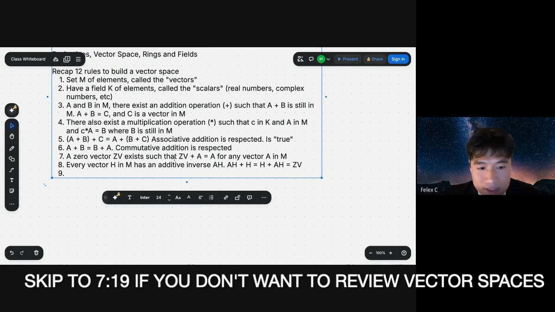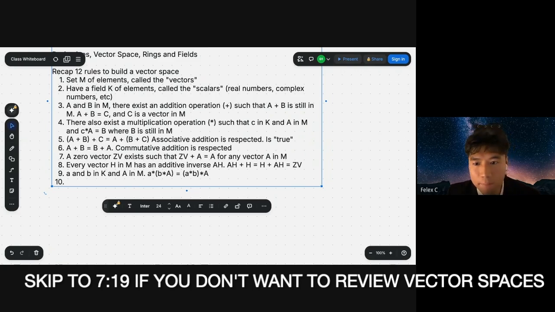So it's the case that A and B in K and A in M, A times B times A is equal to A times B times A. I don't know why it's like that, but yeah.